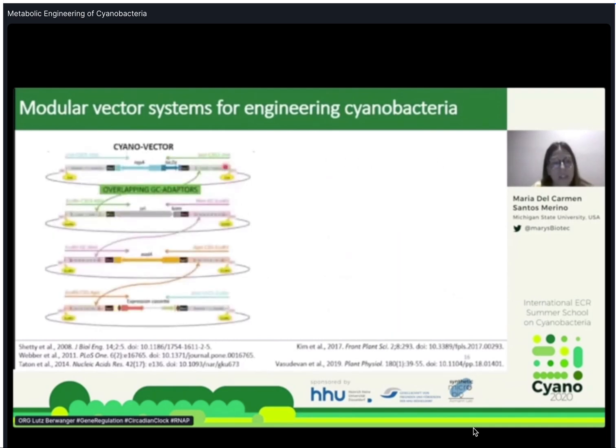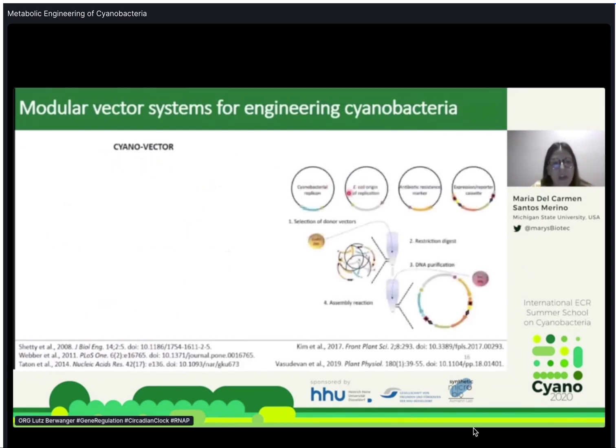And in the last example, we have Cyanobacter. This Cyanobacter has the different parts cloned in different plasmids or vectors that are going to contain overlapping GC adapters upstream and downstream of our part. Once we have selected the different parts that we want to clone, we are going to restrict these parts, purify them, put them together in a tube, and perform an assembly reaction.